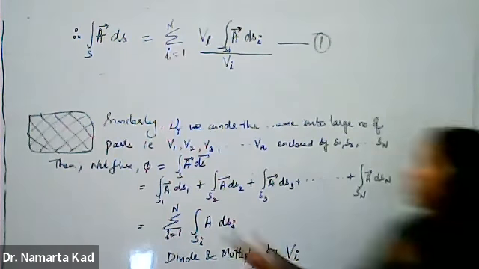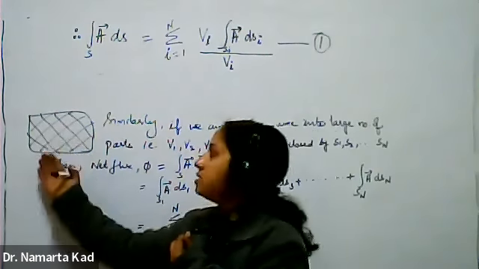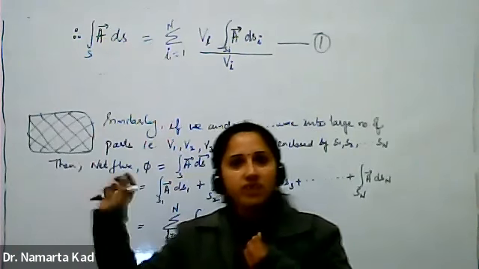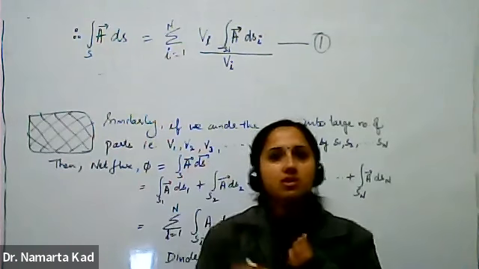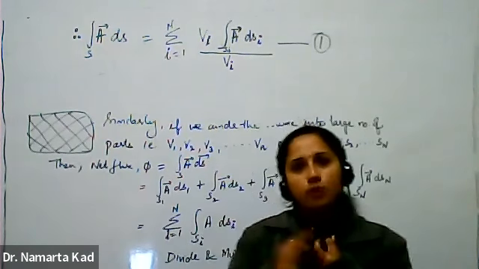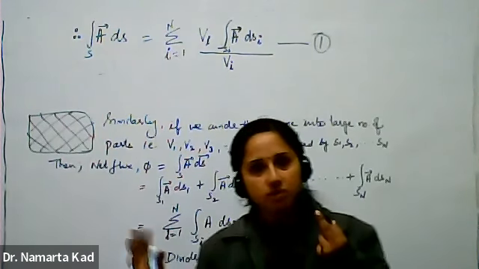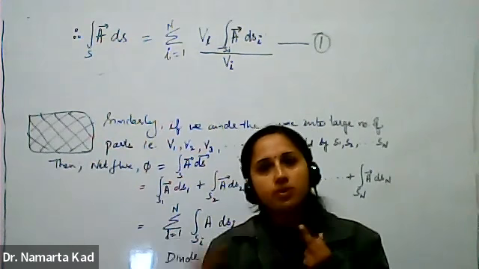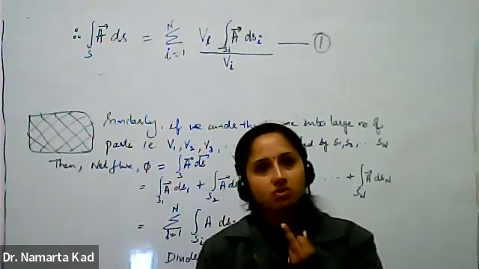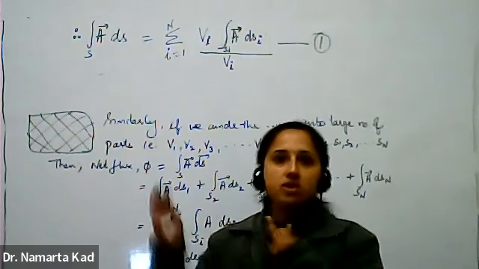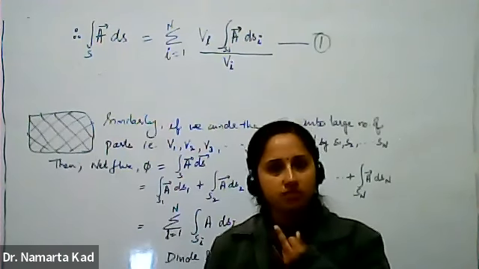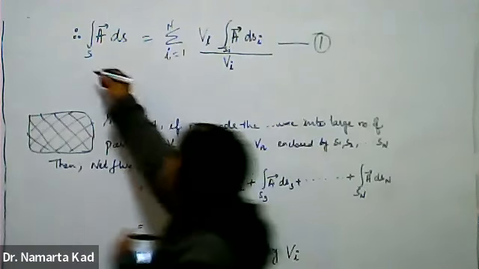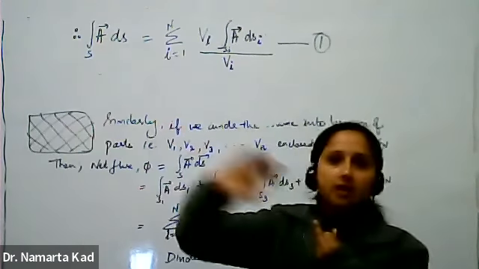And what do we observe here? As the number of parts of that volume increases, the volume reduces its size. When the volume is in a single part, it is a big volume. When we divide that volume into 2 parts, its size reduces. Further, when we divide that volume into n parts, its size further reduces. So now we are going to apply the limit.